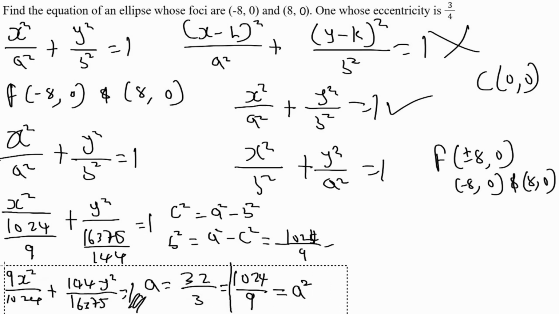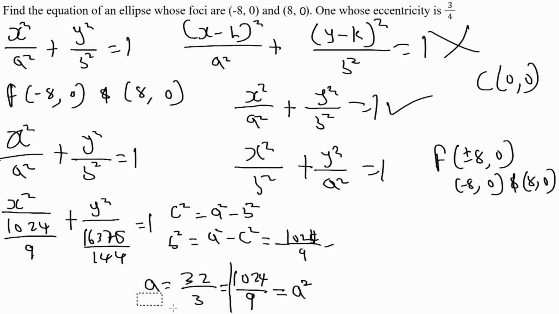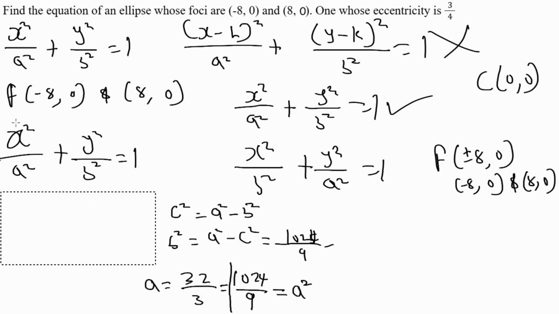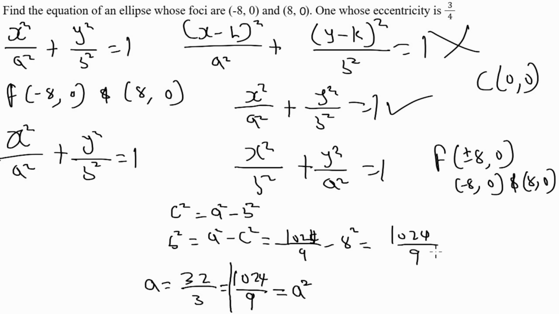So C is 8. It's supposed to be 8 squared, and that should be 1024 divided by 9 minus 8 squared, which is 64. 64 divided by 1.